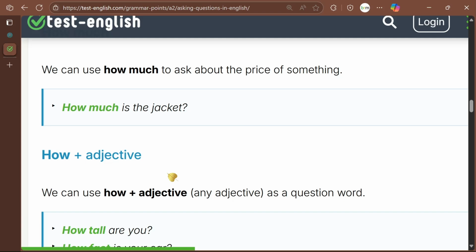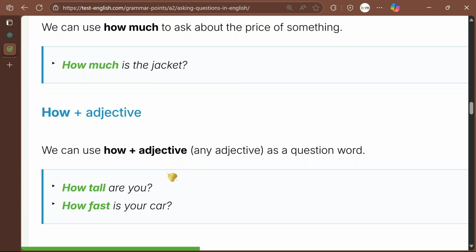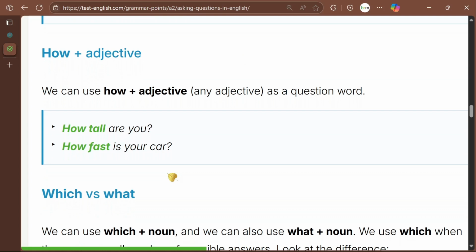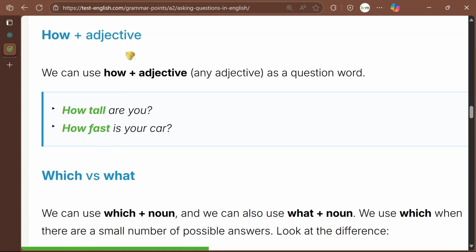Let's see a few more things. You use how much to ask the price of something. If you want to know the price, it's like uncountable. And when you want to ask about an adjective, you use how. How tall are you? Usually how is the way you do something, but in this case it's a little different. How tall are you? How fast is your car?